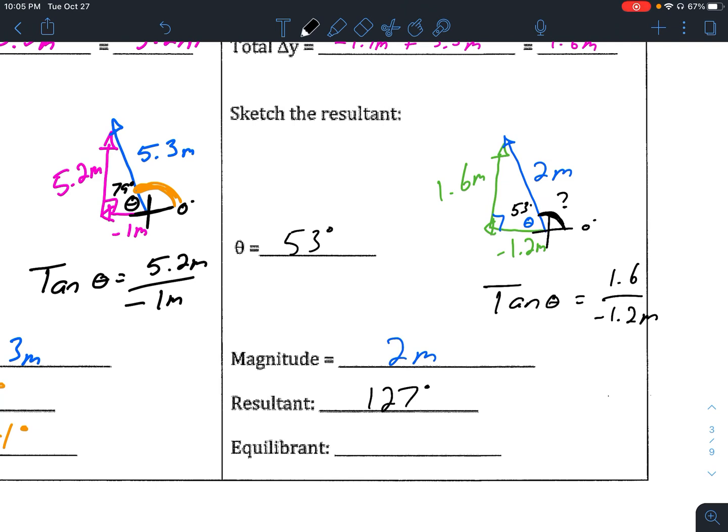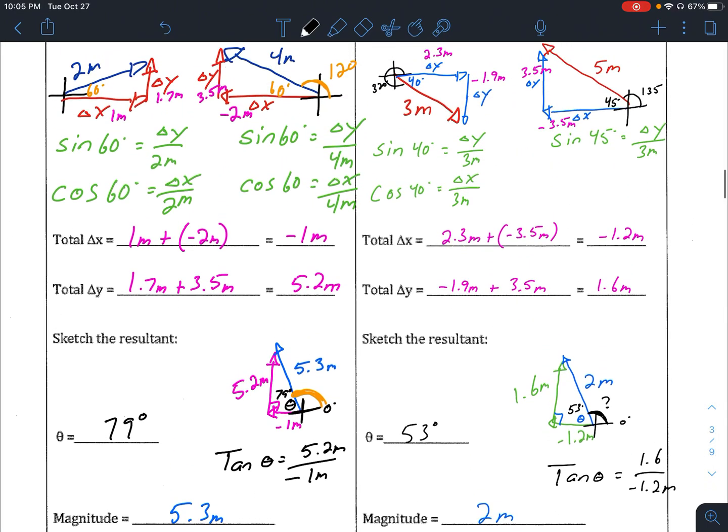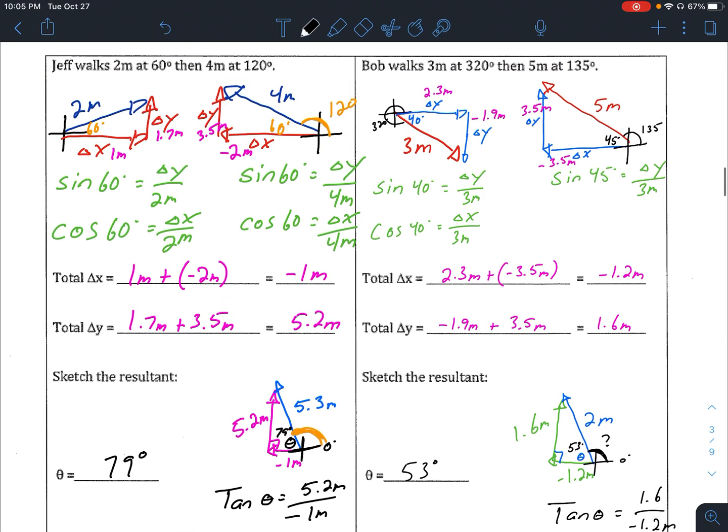That's less than 180, so I would add 180 to get the opposite direction, and that's 307. So hopefully that made sense with those 2 walkthroughs. Feel free to go back into the homework solutions to look at them again, statically maybe.